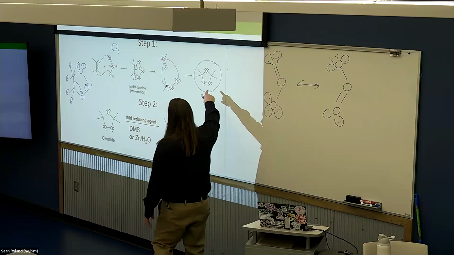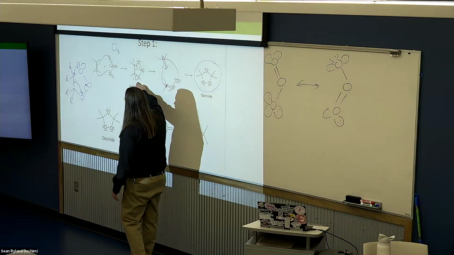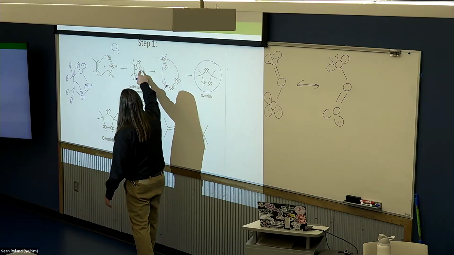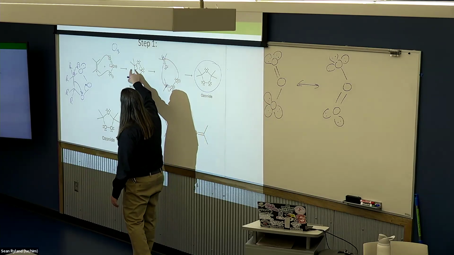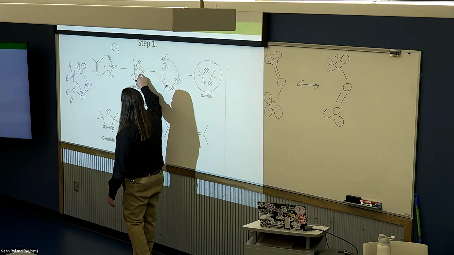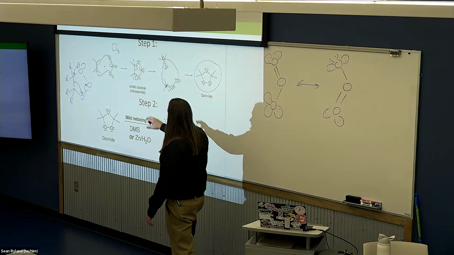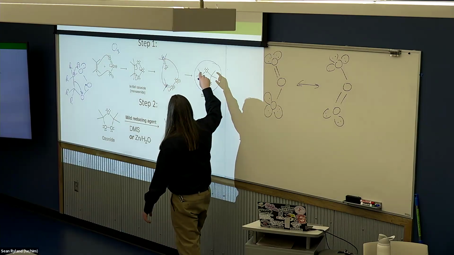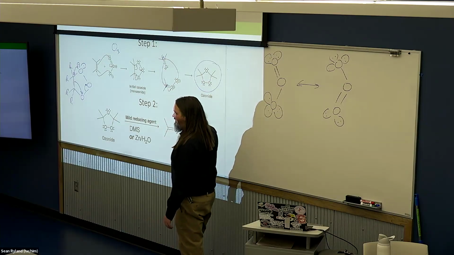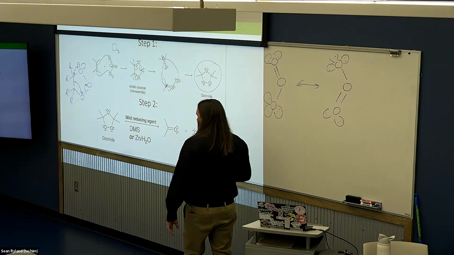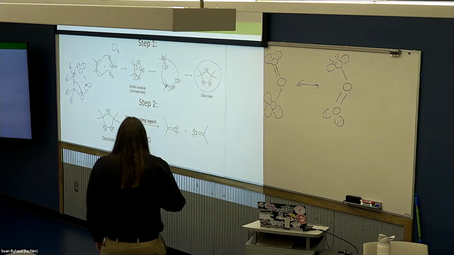This is more stable than the initial ozonide because we basically lose a carbon-carbon sigma bond, but we also lose a peroxide bond. Peroxides are so unstable, it'll do this weird rearrangement because now we only have one peroxide bond.